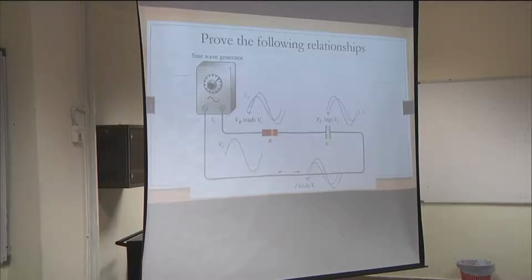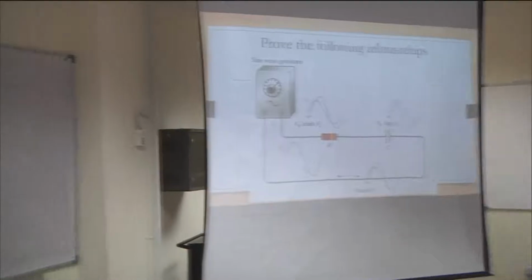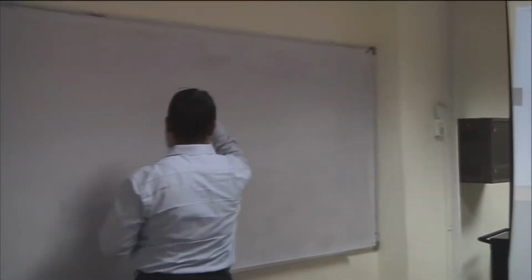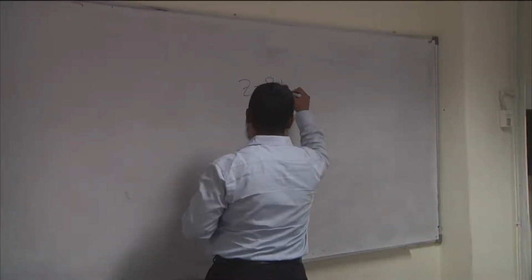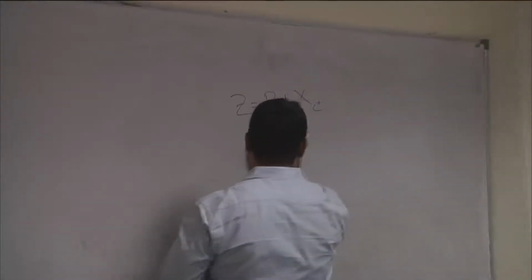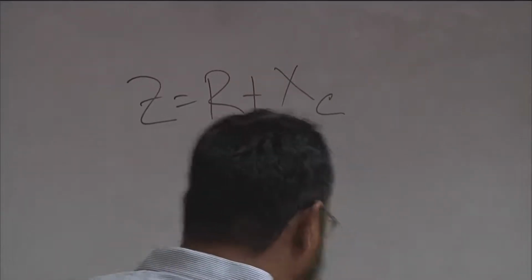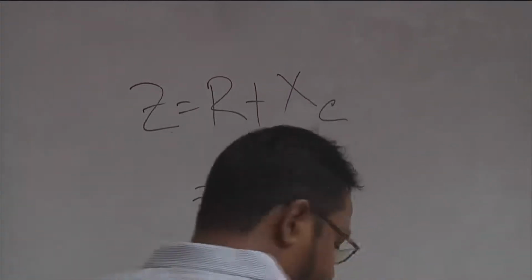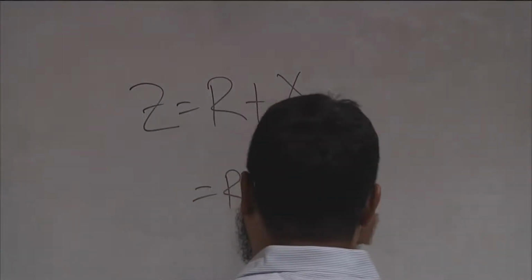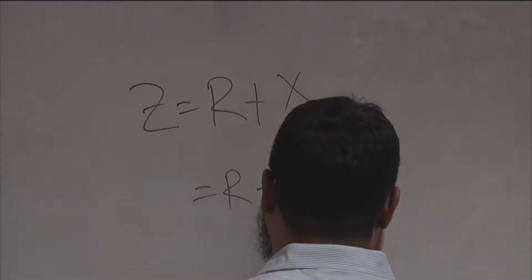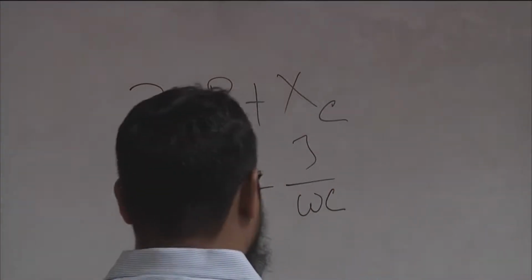To find out the current, obviously, we need the impedance first. What can be the impedance? Z is equal to R plus XC. That is equal to R minus J over omega C, right?